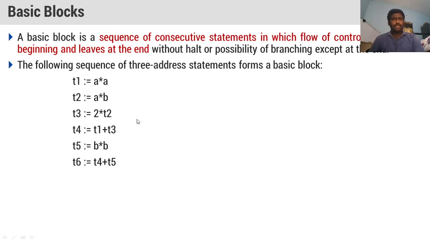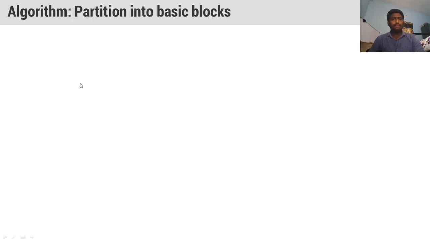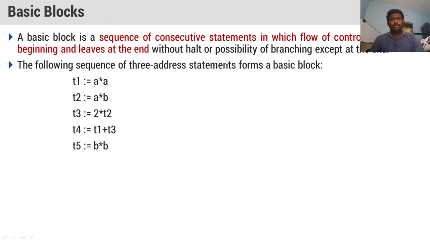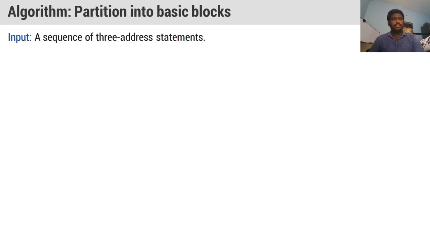Consider this sequence of statements, where the flow of control enters at the beginning and leaves at the end without any halt or without any branching. If we have a group of statements like that, then it is called a basic block.